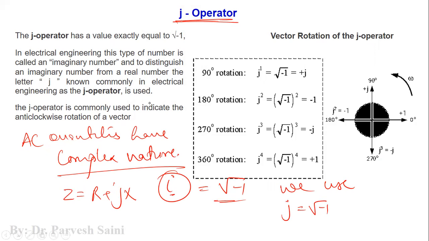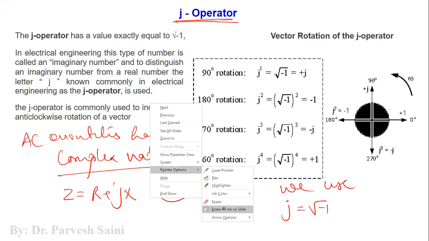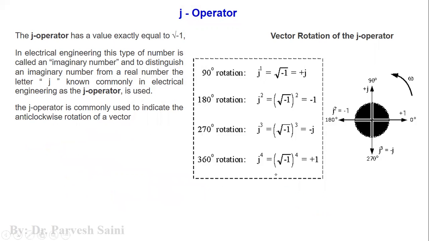The j operator obeys the same rules and principles as iota obeys. In electrical engineering we use the j operator in place of iota. The j operator is commonly used to indicate the anti-clockwise rotation of the vector.